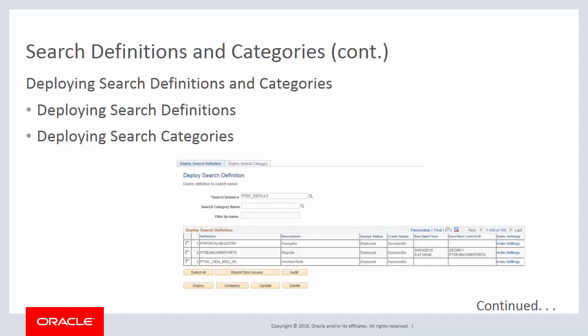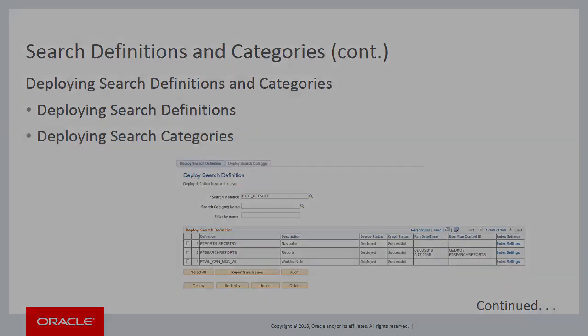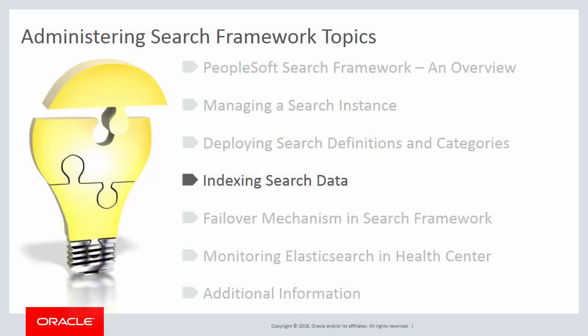That is, if a search definition is deployed, you cannot override the settings except the number of replicas. Please refer to the 856 Search Technology Online Help for detailed information on which settings can be overridden. The Deploy Search Definition and Deploy Search Category pages also provide you options to manage your search definitions and categories. We'll now discuss the process of indexing search data in PeopleSoft Search Framework.